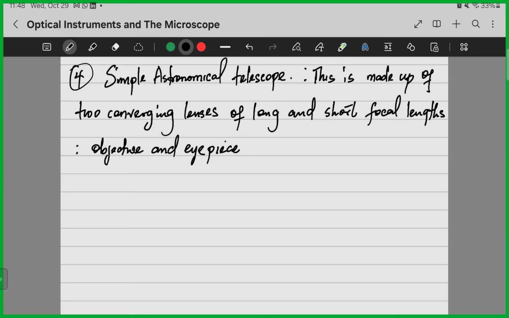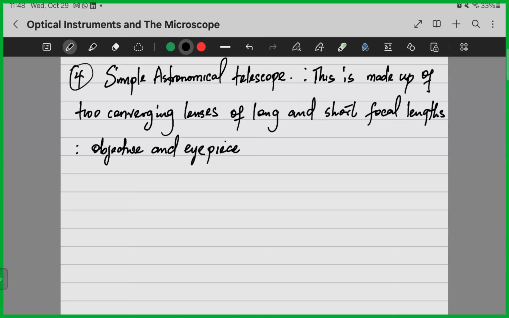So another way you can write that formula. This particular magnification is called angular magnification. Just take note of that. So when we have, let me call it MA, angular magnification.